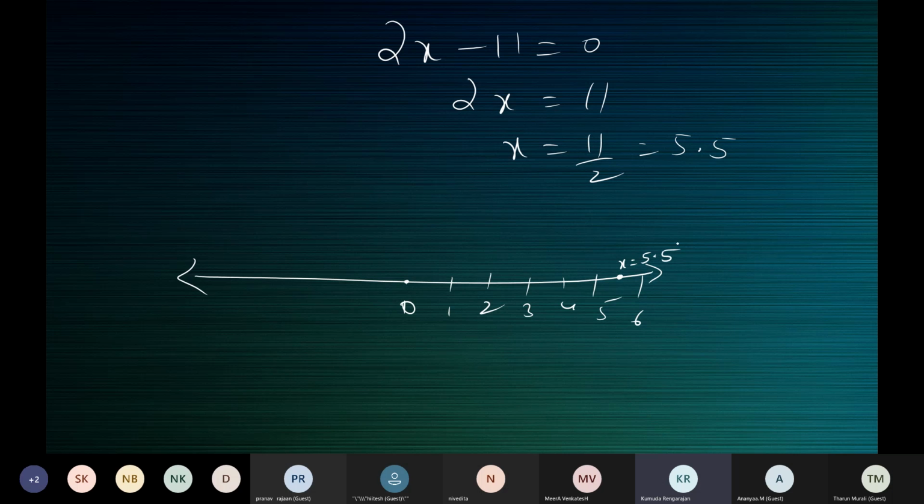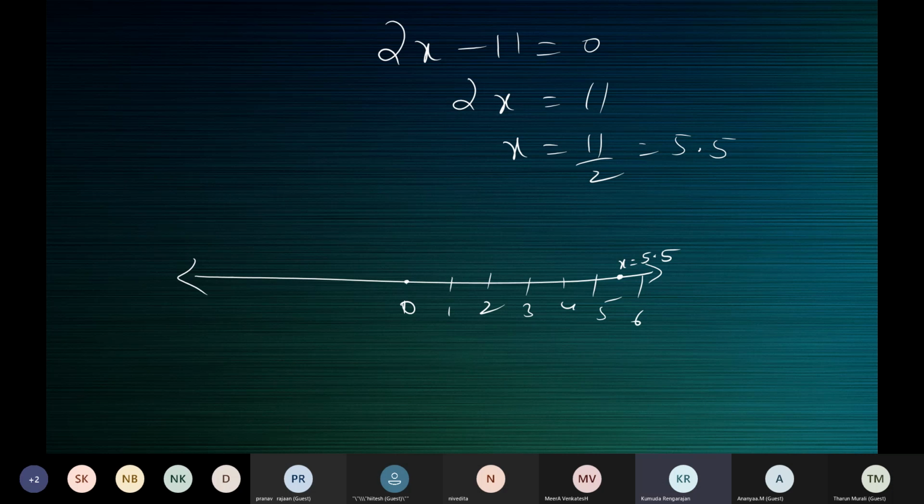This is how we represented a linear equation in one variable graphically, the graphical or geometrical representation. We just solve it, get the value of x, which here is 5.5, and show its position on the number line. That's the graphical representation. 5.5 is between 5 and 6.